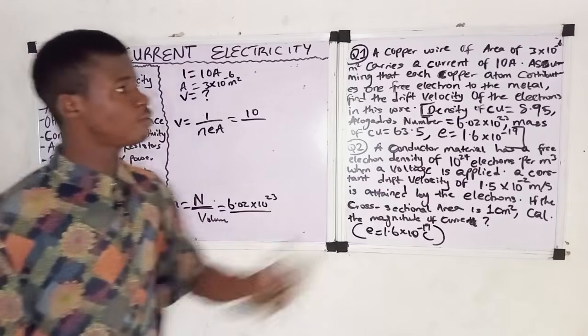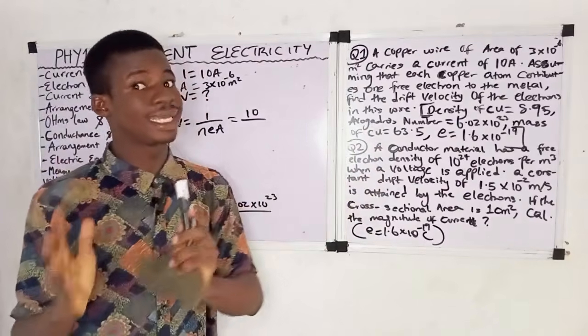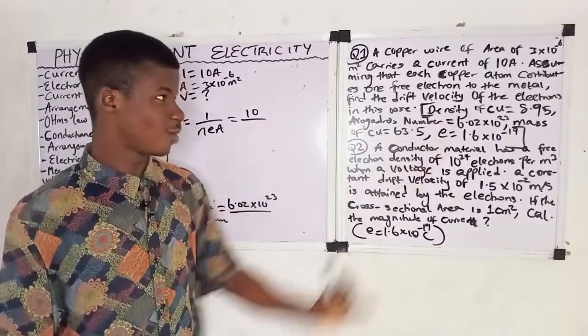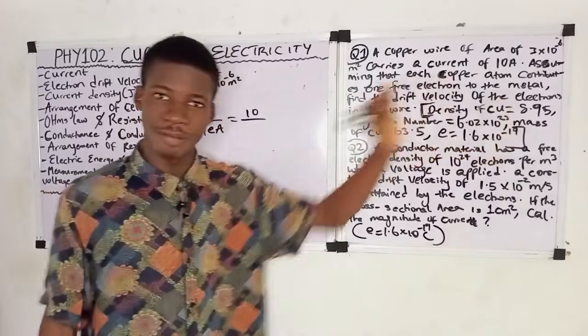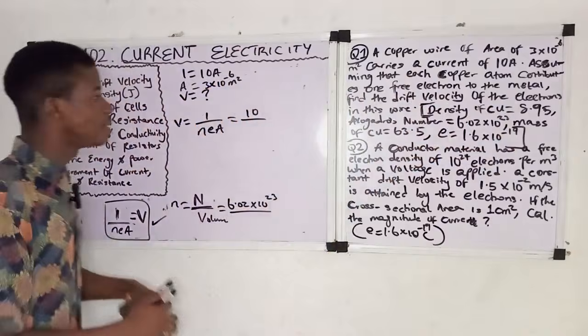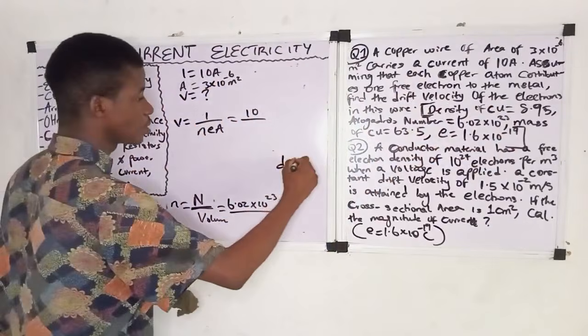Did they give us volume? No, but we can get volume. If you look at the question, they gave us the density of copper and the mass of copper, so we will use density and mass to get volume. How? Remember, density of a substance is equal to the mass over what?